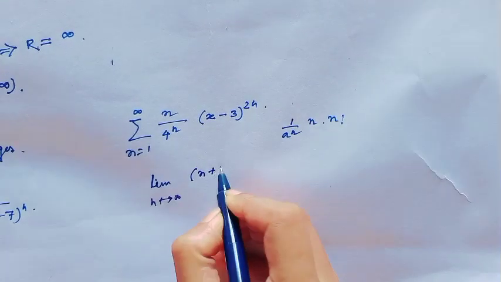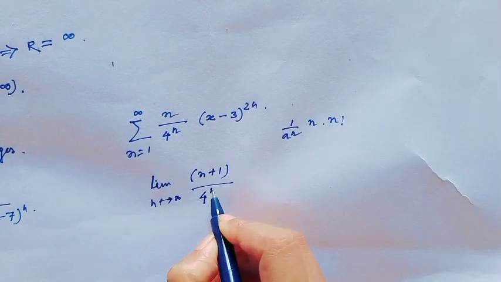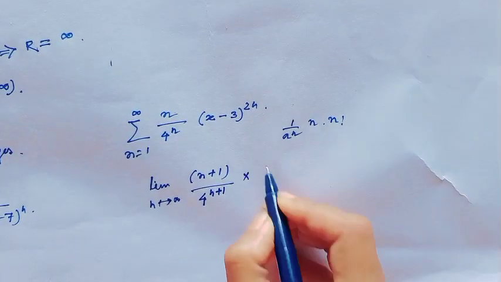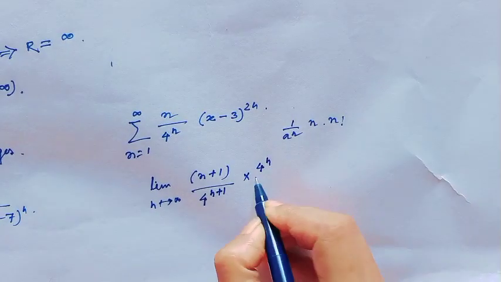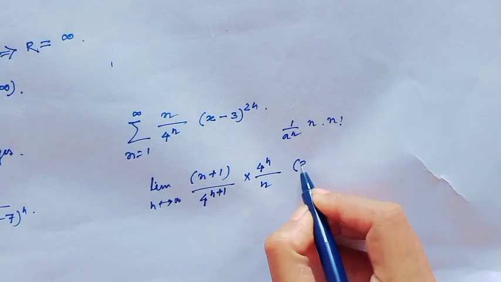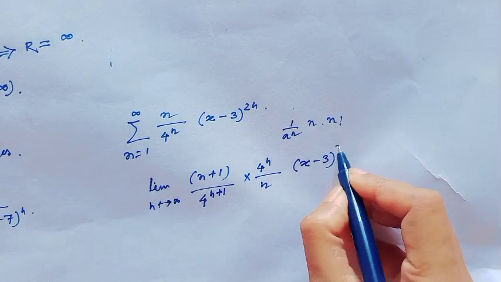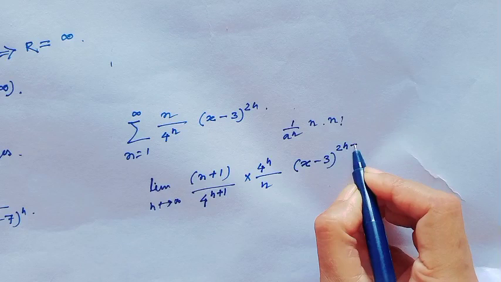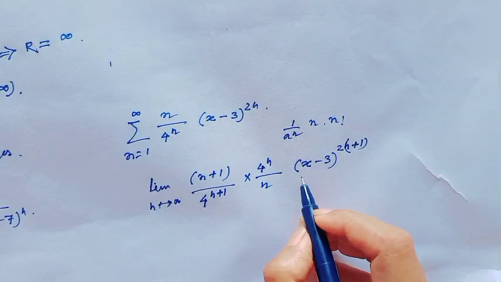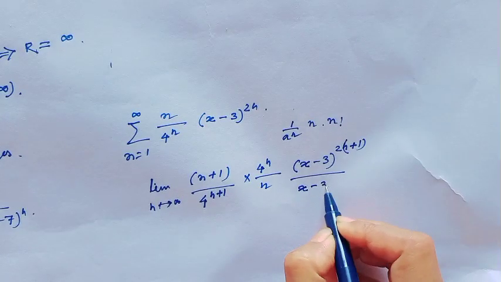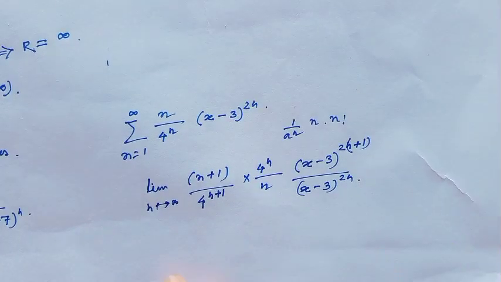n plus 1 over 4 to the power n plus 1, times 4 to the power n over n, times (x minus 3) to the power 2n plus 2 over (x minus 3) to the power 2n.